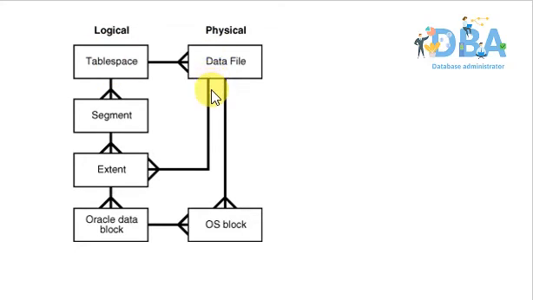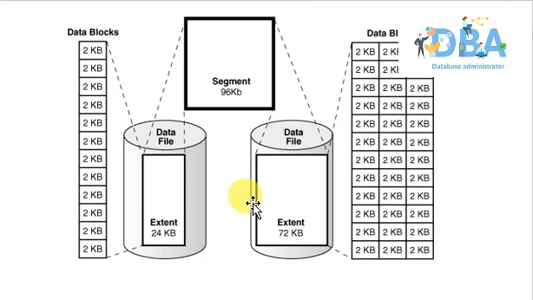And inside this data file, this is how it is logically represented. At the end of the day, these data files are stored on third-party storage or a disk or any storage devices. Ultimately, we can see these data files in the file system. I hope you have understood this physical and logical structure of the table space.